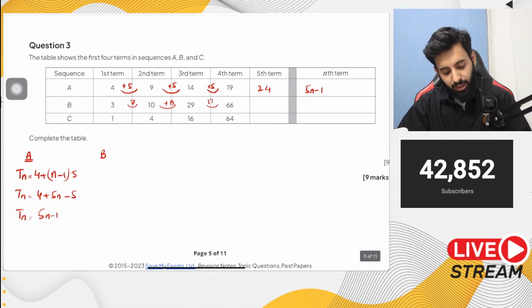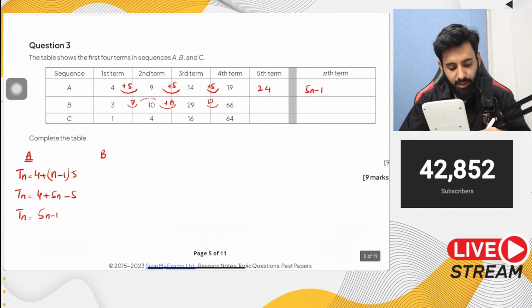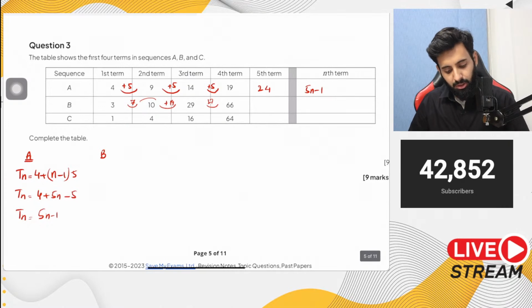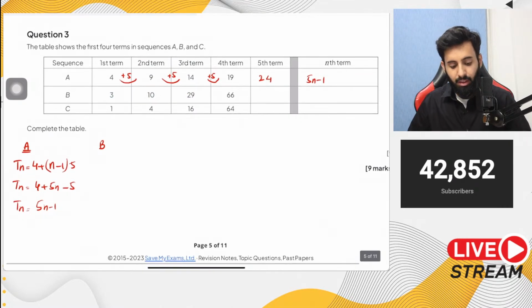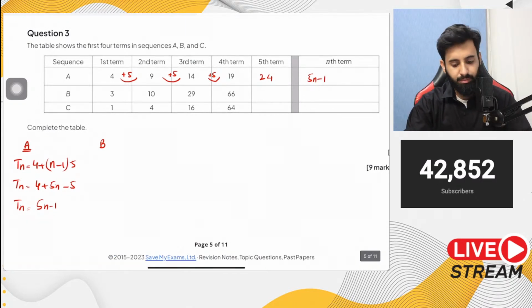So clearly there's no pattern, but even if I find out the difference of the difference, let's say I do 19 minus 7, so that's 12, and if I do 37 minus 19, that's equal to 18. So again, no pattern. So take a good look at it and tell me if you can identify what's being done over here in sequence B.